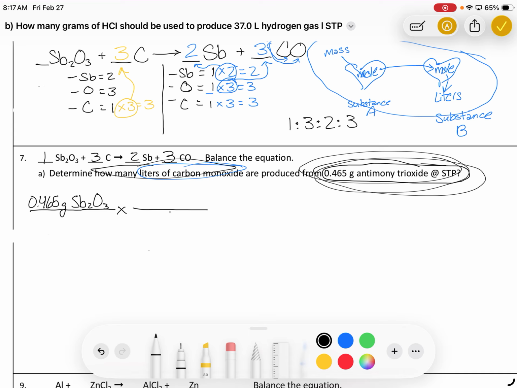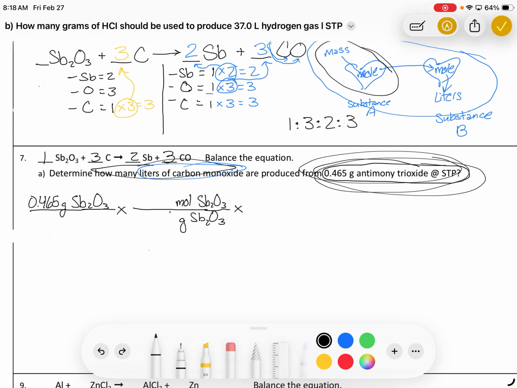Note, when determining what goes on the bottom or the top, what does it have to be? It has to be the unit that is diagonal. So this is going to go down here, the grams of antimony trioxide. Remember our game plan, we're going from mass into moles first, so we're going to turn grams into moles of antimony trioxide. And by the way, is it important to include our actual chemical?